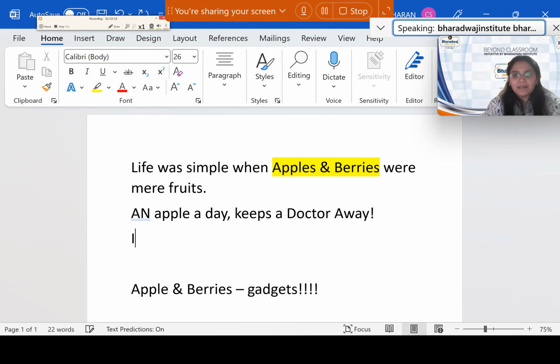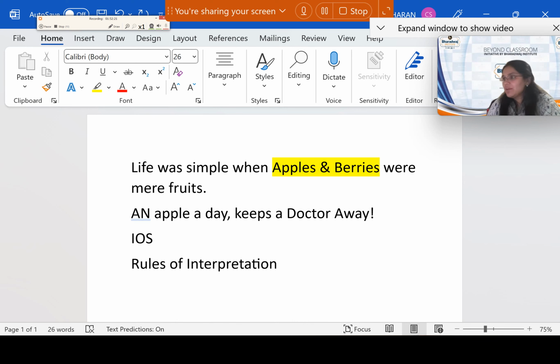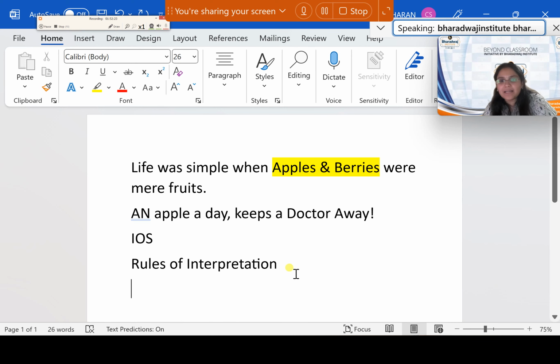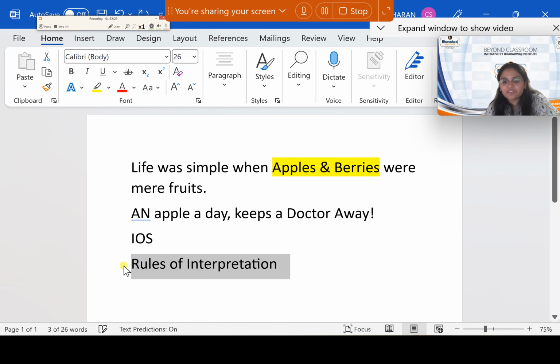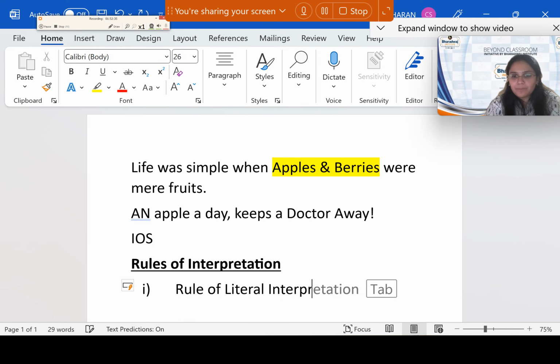This is what we are going to study in interpretation of statutes as rules of interpretation. Clear, everybody? The first rule of interpretation that we are going to learn is called the rule of literal interpretation. Clear?